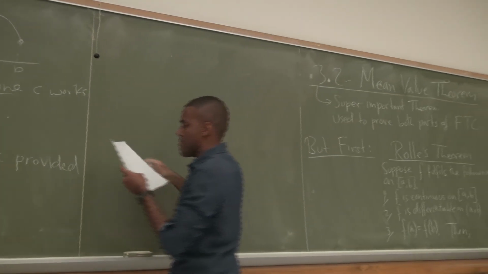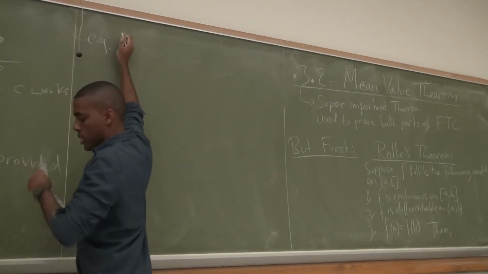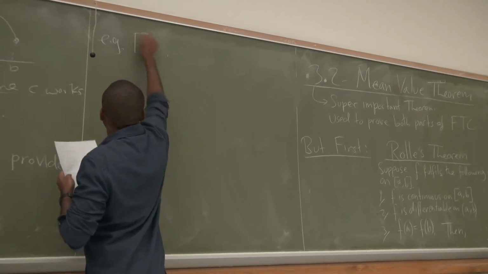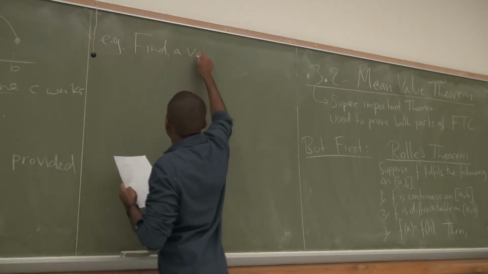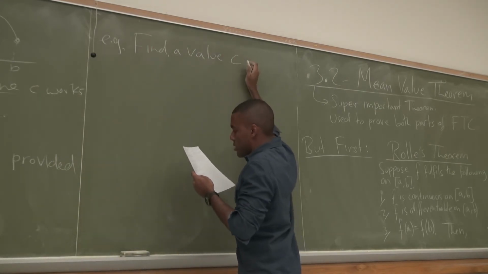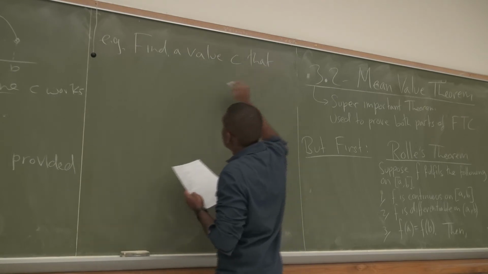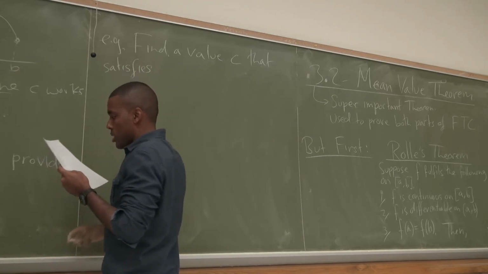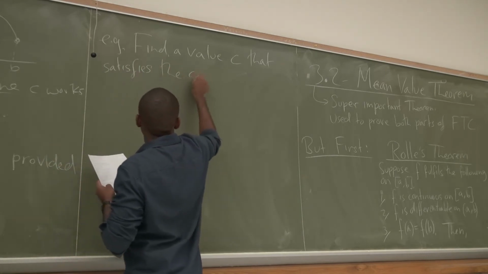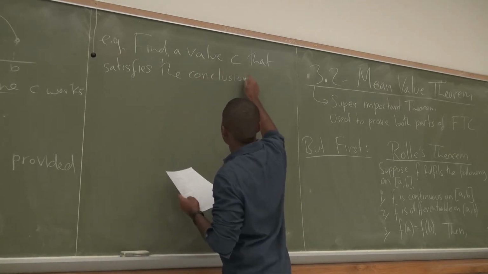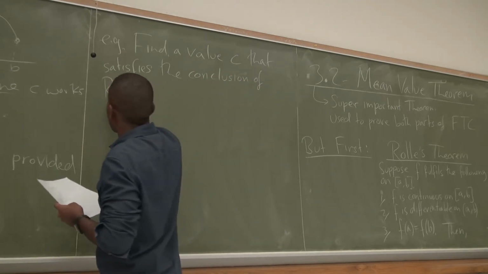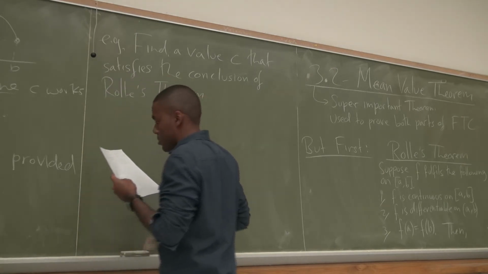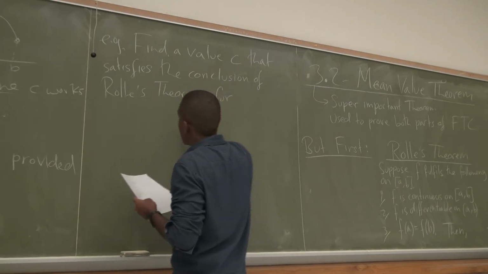Give an example. And we'll stop after this one, I think. Find a value C that satisfies the conclusion of Rolle's theorem for this function.